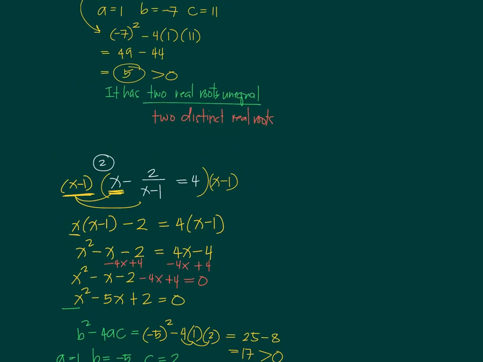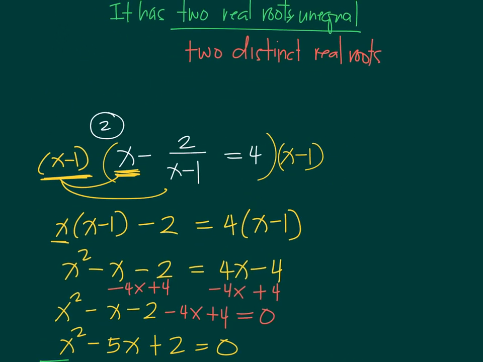And sometimes you have some denominators, and what you can do is to eliminate those denominators by multiplying both sides by those expressions. In this case, we only have x minus 1, so we needed only x minus 1 to be multiplied to both sides of the equation.